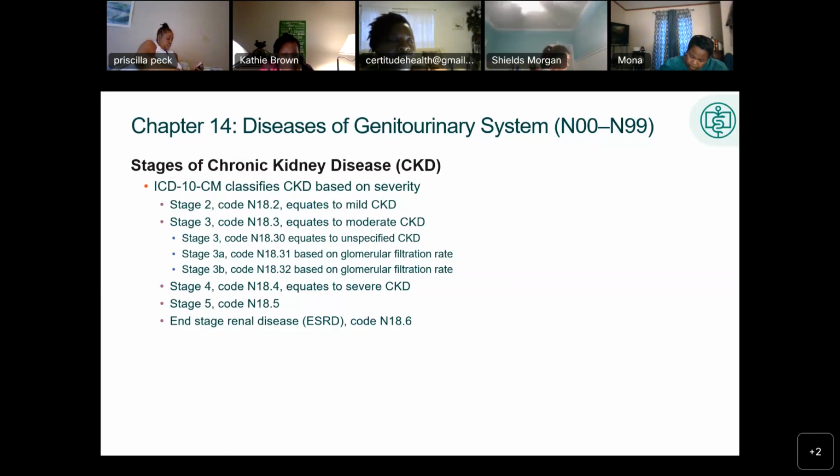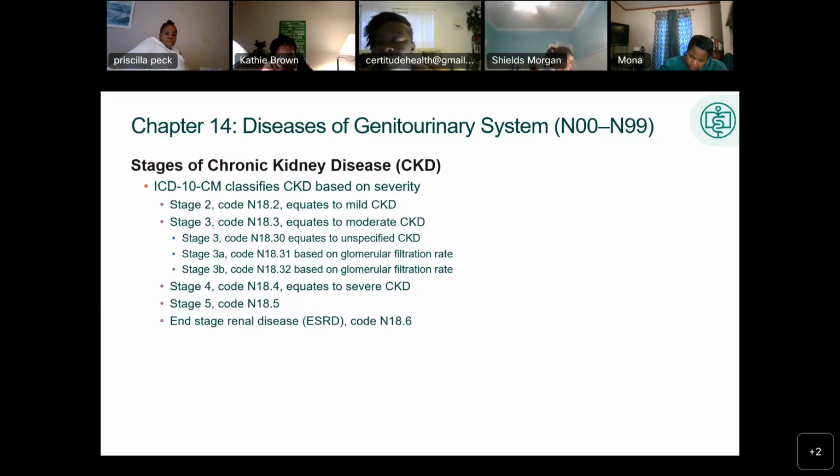So here, on this slide, which you can also see in guideline number 1, stages of CKD on page G20, it gives you the stages and the codes they equate to. Ultimately, you could be a stage 2, a stage 3, a stage 3A, which is based on the glomerular filtration rate.